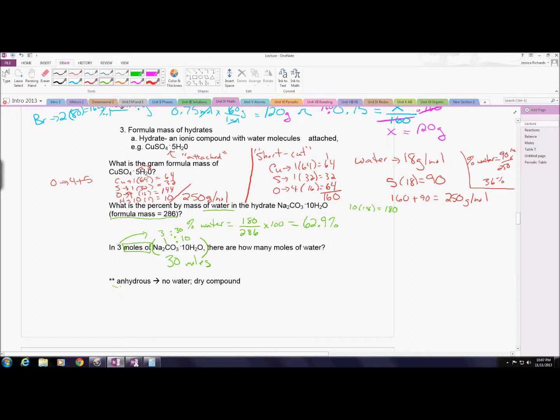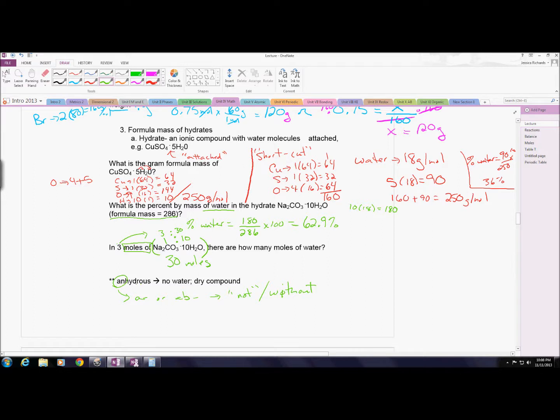Last but not least is this lovely prefix, an. The prefix an or a or ab generally means not. So if I have something that is anhydrous, sometimes it also can refer to without. So it is not hydrated.